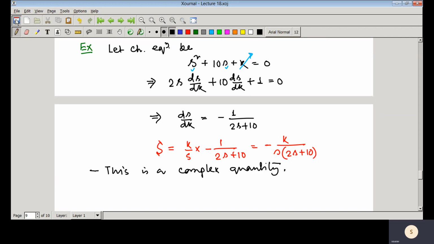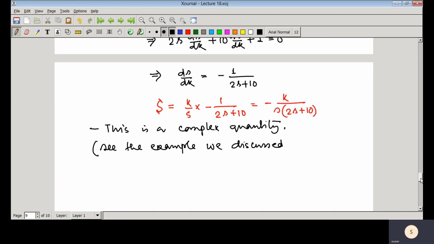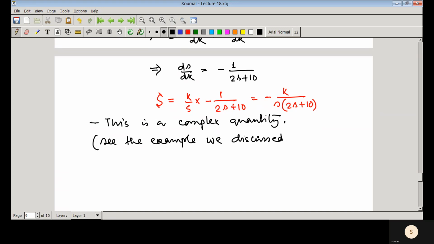So let us take those data. Here I am just writing, see the example we discussed in the first lecture on root locus.